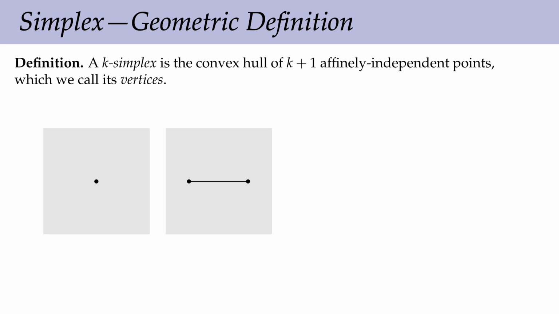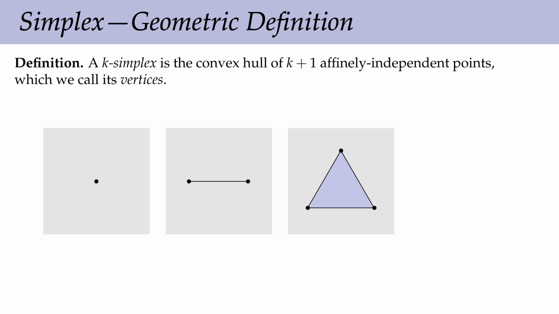If I have 3 points that are affinely independent, what does the convex hull look like? What's the smallest convex set that contains those 3 points? Well, it's a triangle, right? So a 2 simplex is a triangle.